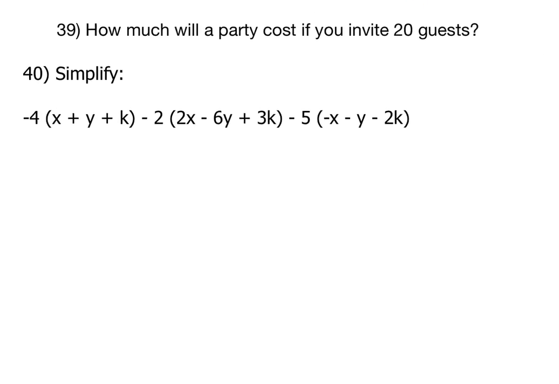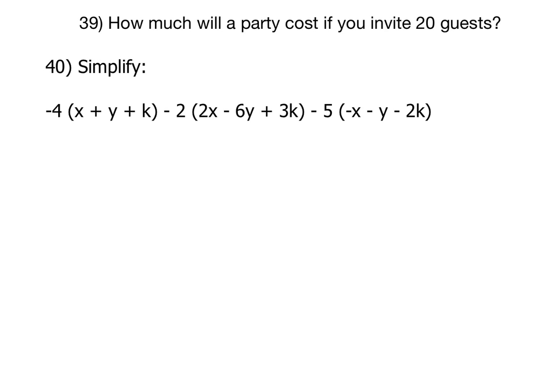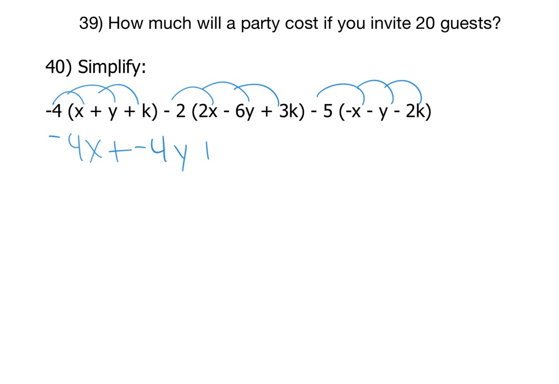Now for this last problem, you have 3 sets of parentheses, so you will distribute 3 times. When I do that, I get negative 4x plus negative 4y plus negative 4k. Then I have to distribute a negative 2.